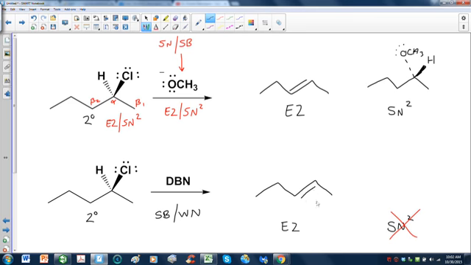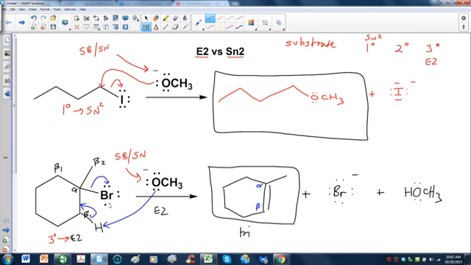So there we go. So just to summarize, we're talking about strong bases and nucleophiles here. With a primary alkyl halide, strong base and nucleophile, because primary alkyl halides favor SN2, you see SN2. For tertiary alkyl halides, if you've got a strong base and nucleophile, you get E2 because the tertiary substrate favors elimination.